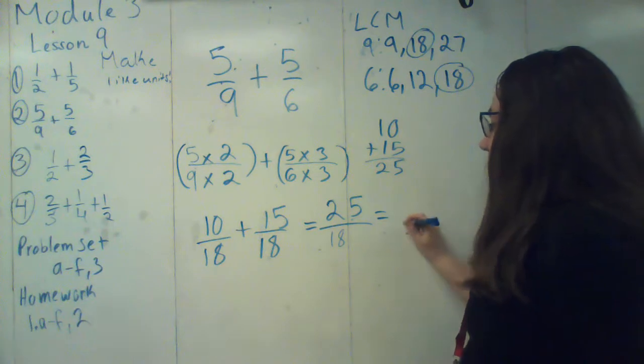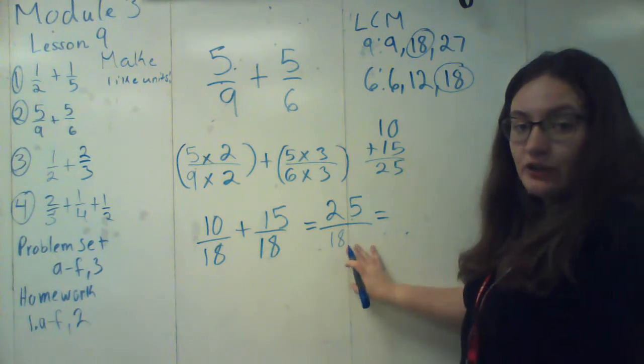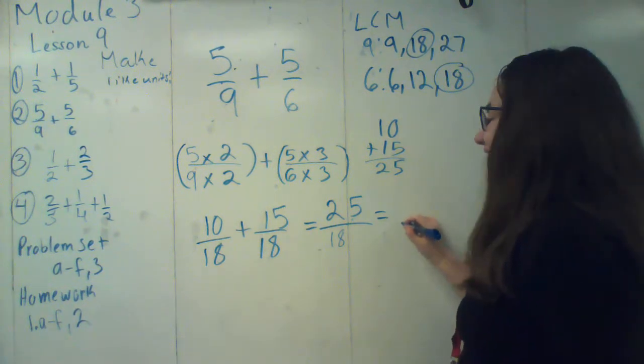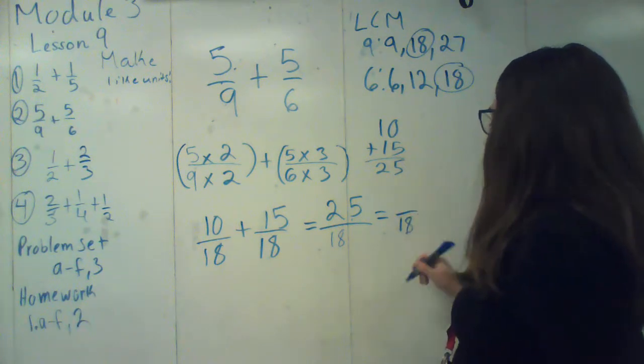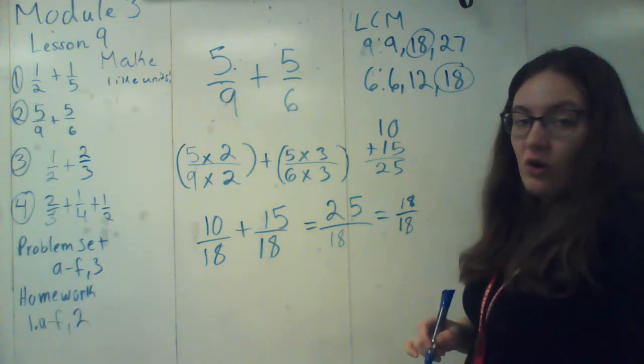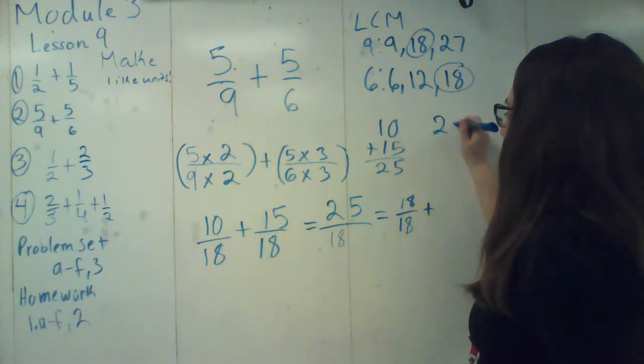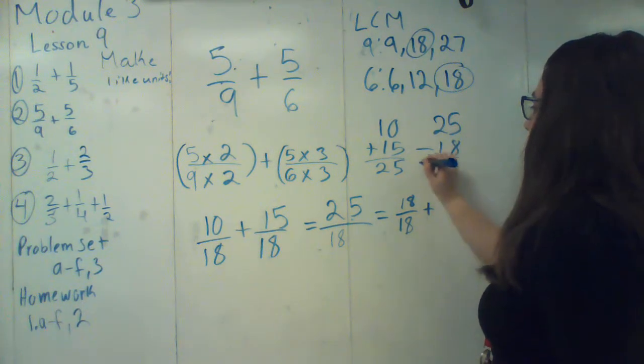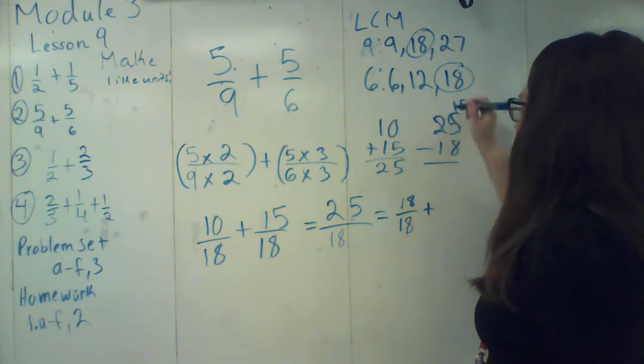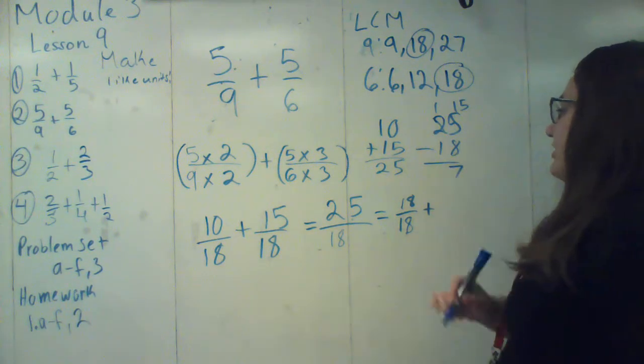So remember, to do that, I create a whole. So since my denominator is 18, then I need to put 18 over 18, so I can make a whole plus the remainder. And again, this is something that I have an algorithm for. No shame in doing that. 25 divided by 18 is 1 with a remainder of 7.